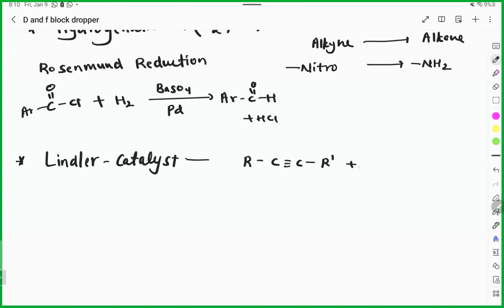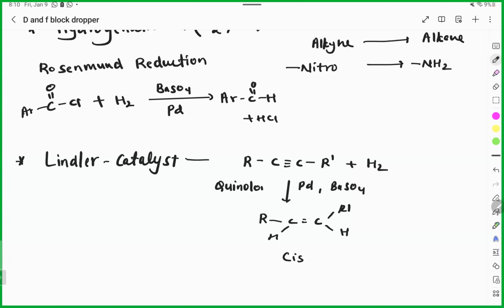Yes. So when you do reduction of alkyne, it will form cis alkene. Correct? Only cis form. In this case, you use palladium. You use calcium carbonate or barium sulfate. Both are correct. And here you use quinoline. Jordan, why do we use quinoline?